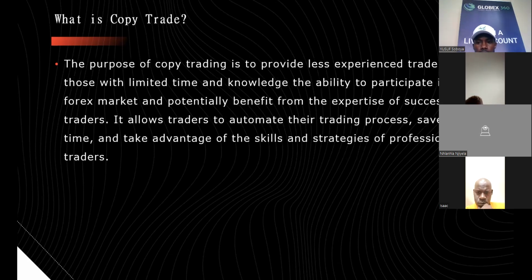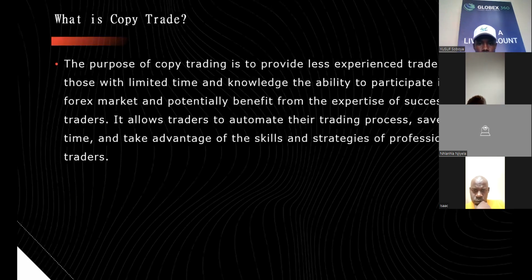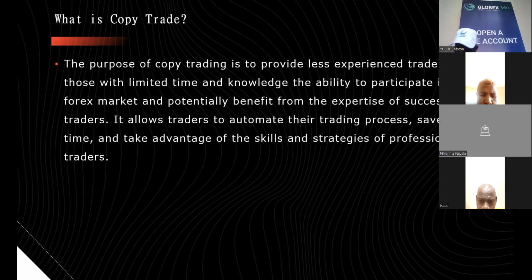It allows traders to automate the trading process, save time, and take advantage of the skills and strategies of professional traders. You're dealing with professional traders that spend the entire day analyzing the market. They've spent many years accumulating the experience that is needed to get ahead in terms of skill.